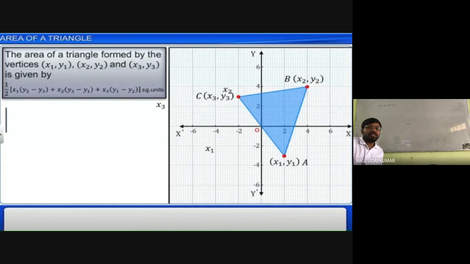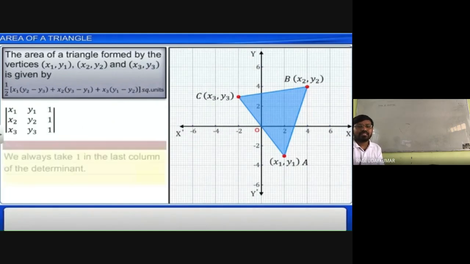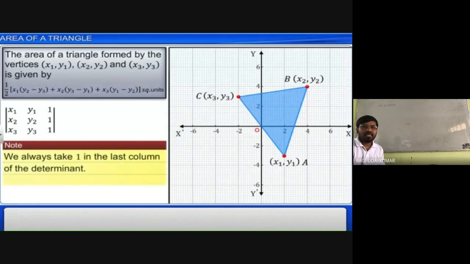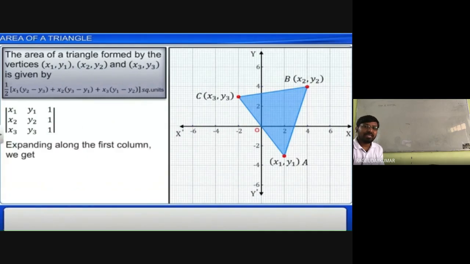Using the concept of determinants, suppose you take the points as x1, y1, x2, y2, x3, y3, and the third column you take as 1, 1, 1. The last column should be taken as 1, 1, 1. Now we have to expand the determinant along the first column.